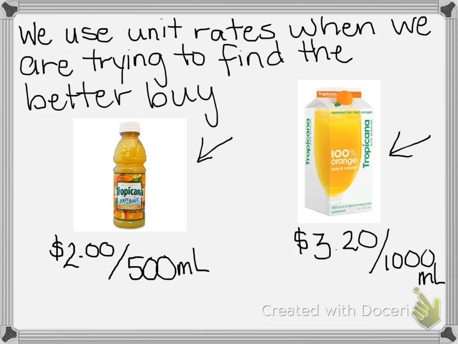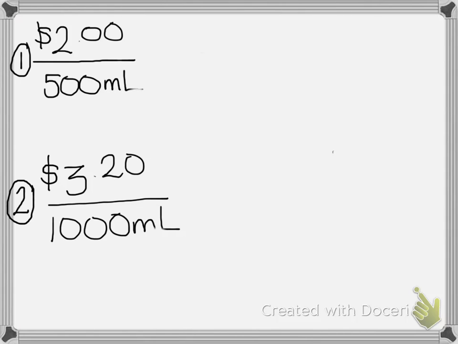If we put them both so that they're out of the same amount, we would be able to compare the two of them. So let's set up our first fraction as $2 for 500 milliliters. Let's change it into 100 milliliters, so that we don't get answers that are very, very small.